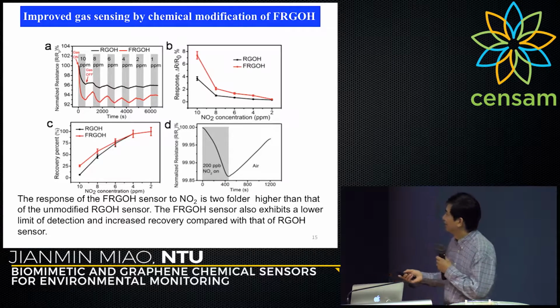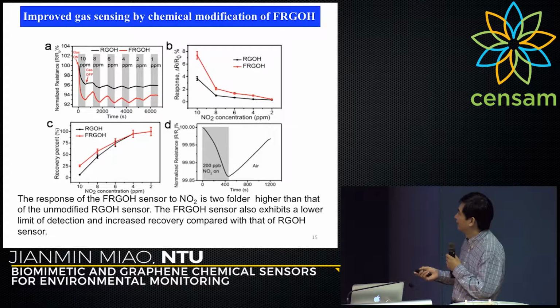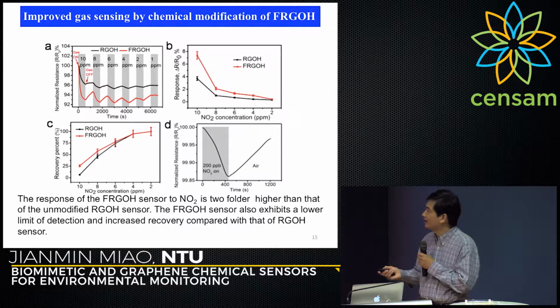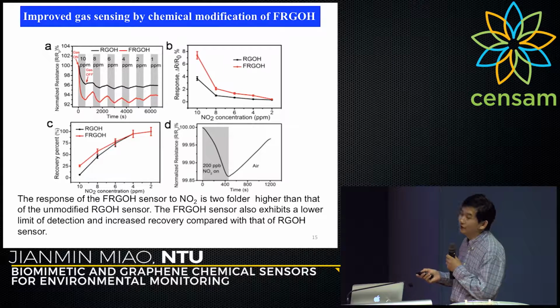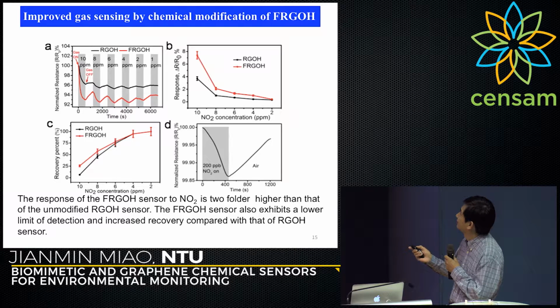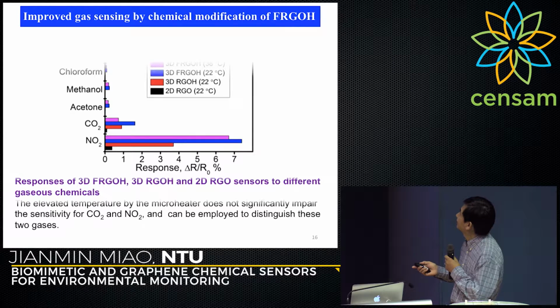Twofold. And also, because response time is very important, the recovery speed is much faster, and sensitivity increased as well. Of course, this is the previous result we did last year, and this is the result we did this year.